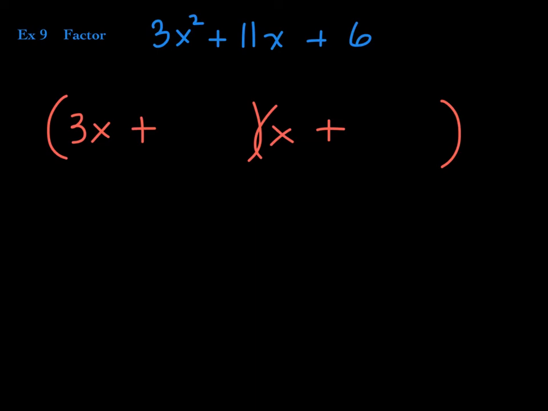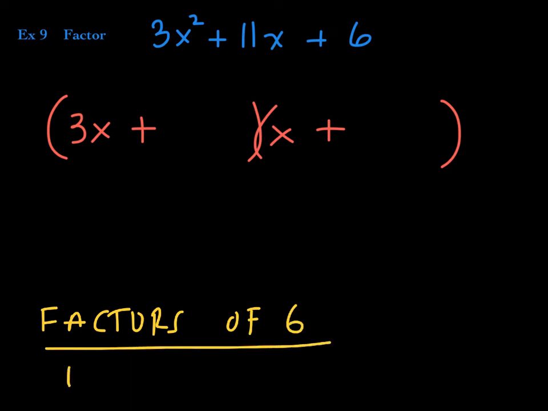Like I said, the leading coefficient, when it's not 1, makes things more challenging. Now, what are the factors of 6? The factors of 6 are 1 times 6 or 2 times 3. Thankfully, there's not many options.